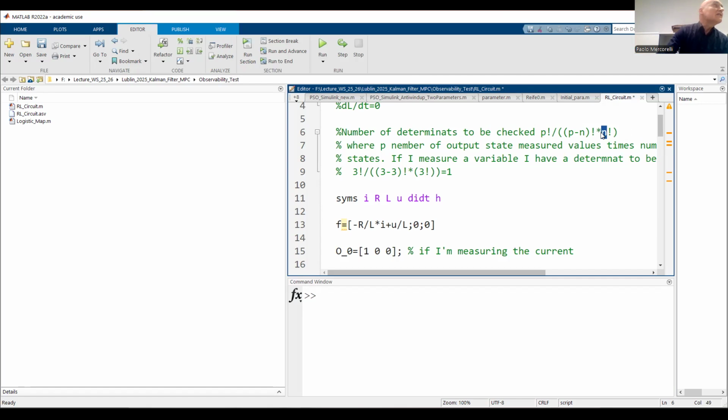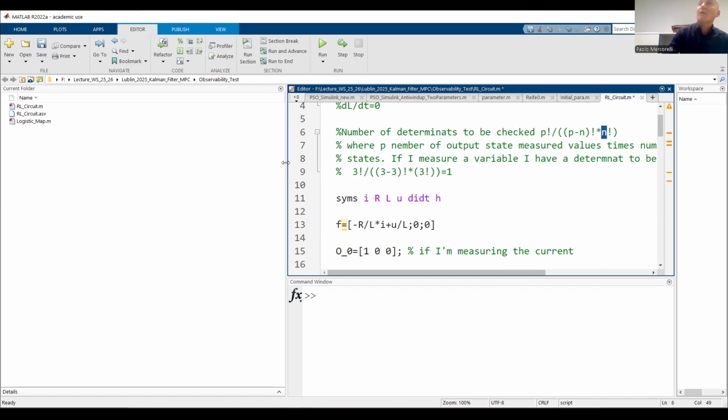N is the number of states. In our case, 3. P is the number of states which I measure. I told you output measurements, no, to be precise, the state measurement, but in the sense it's an output. Multiplied by the state. It's not visible, but I will show you.